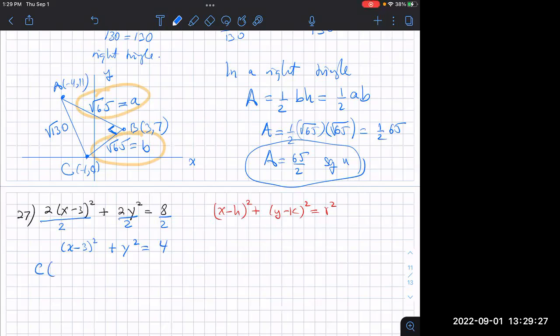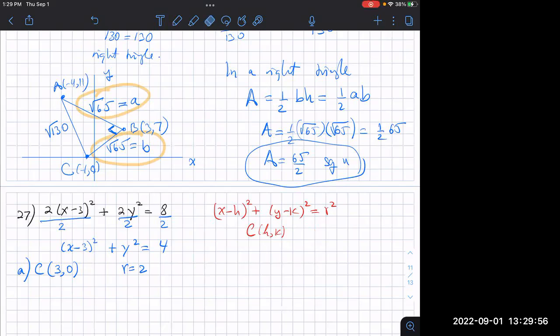What is the center of the circle? The center is 3, 0. And what's the radius? The radius is 2.